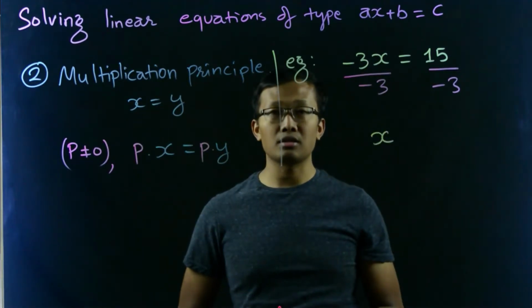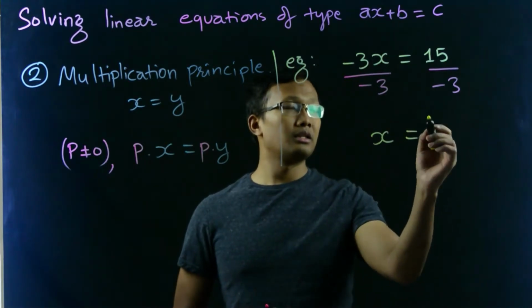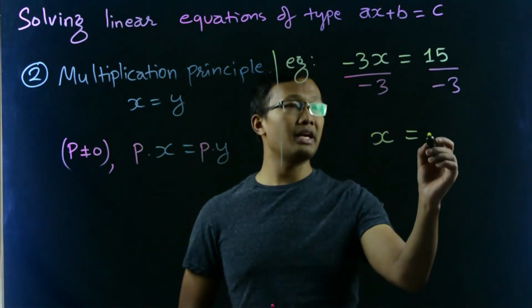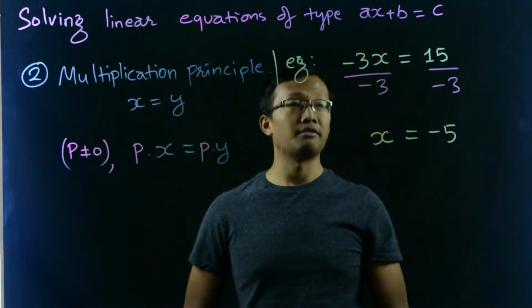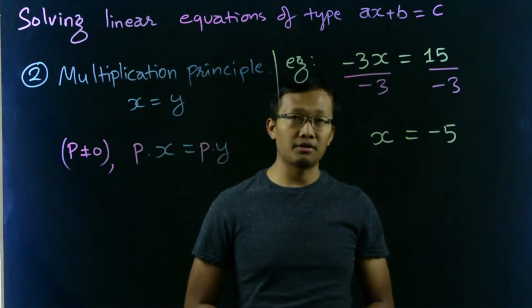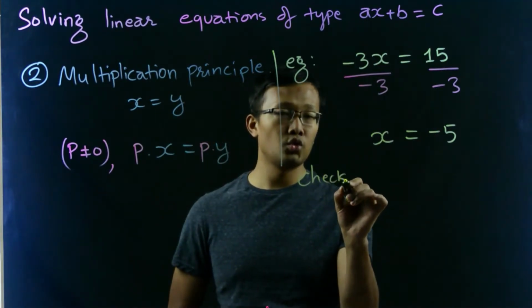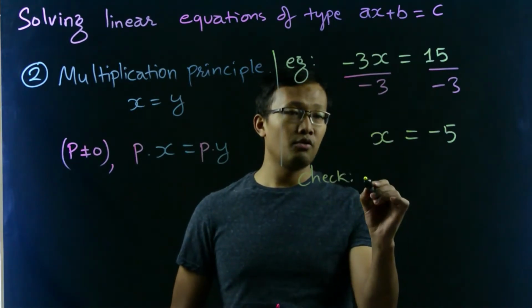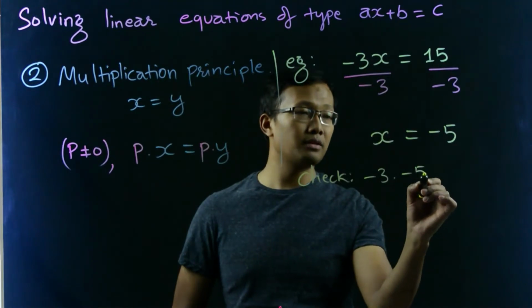-3 times -1/3 is 1. So we have x all alone by itself on the left, and -1/3 times 15 is -5. So x = -5 is our solution. We want to check whether this solution is true or not. We have -3 times the value of x, which is -5.